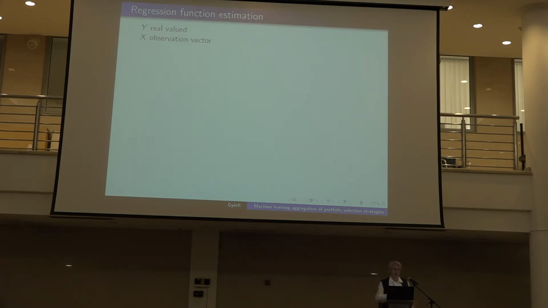Here is a short summary of the basic principles of regression function estimation. We have two random objects, an observation vector x and a real y, and we would like to estimate the regression function, the conditional expectation of y given x.